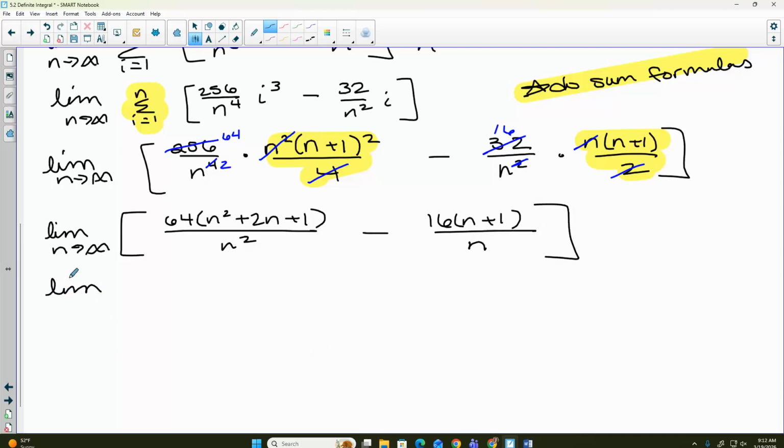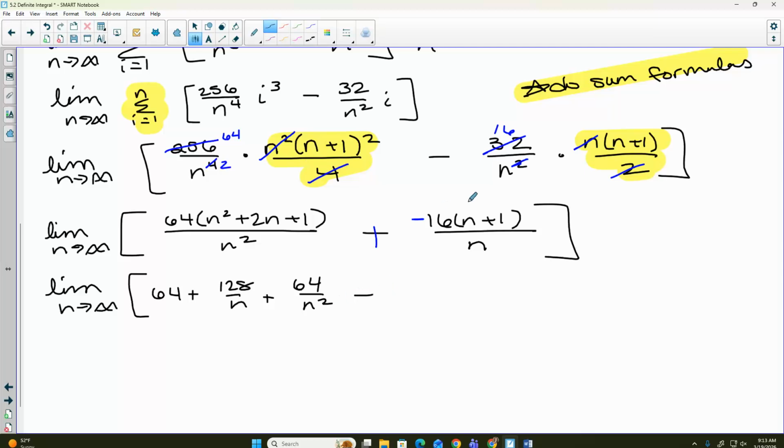We really want to break these into individual terms. So if I start splitting this up, I distribute, I get 64 n squared over n squared, so 64. Plus 128n over n squared, so 128 over n. Plus 64 over n squared. This one you're distributing a negative 16.